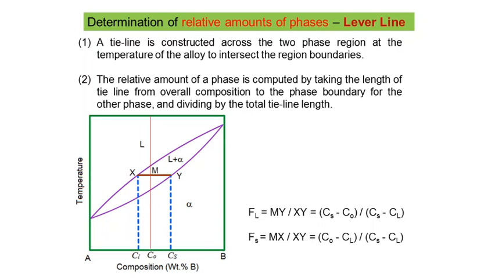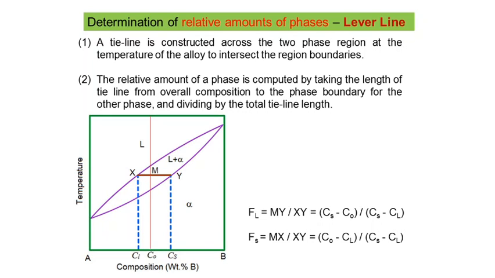In terms of percentage, the composition of Y is CS, the composition of X is CL, and the composition of M is C0. If we know the three compositions, the fraction of liquid is represented by CS minus C0 divided by CS minus CL, which is the length of MY divided by XY, the total length of the tie line.